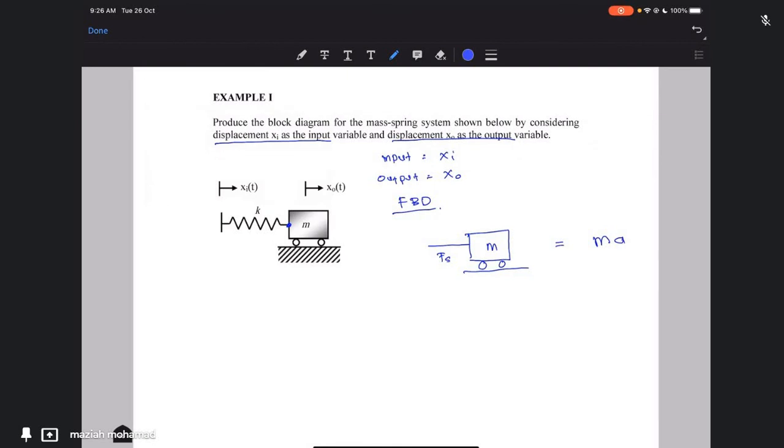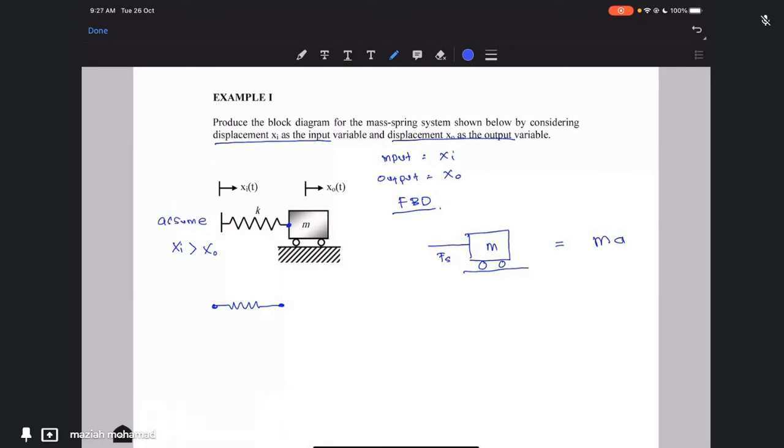Now we need to determine the direction of the force, whether it will pull the mass to the left or push the mass to the right. To analyze the direction, let us just consider the spring. Our assumption is that xi is always bigger than x naught.